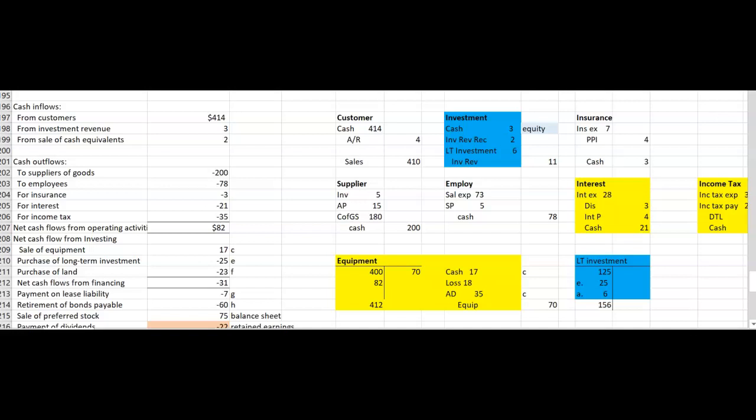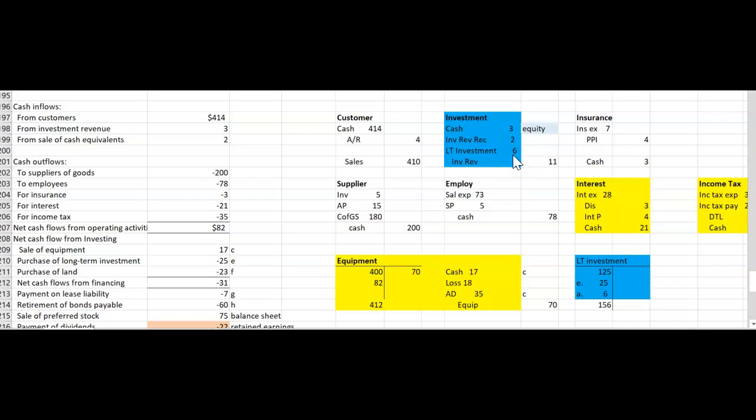Now, we have to look at the investment income or investment revenue, which is $11 million. So how do we calculate what the cash flow is from investment revenue? Well, we know our investment revenue is credited for $11 million. We know the long-term investment was debited for $6 million because of their investment in Demure Company.